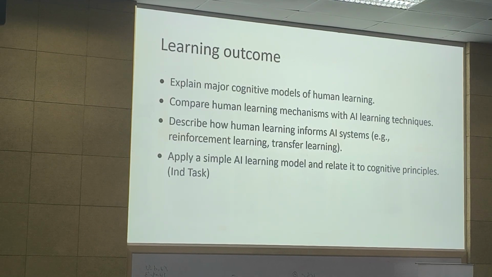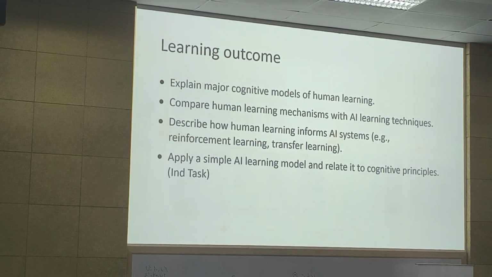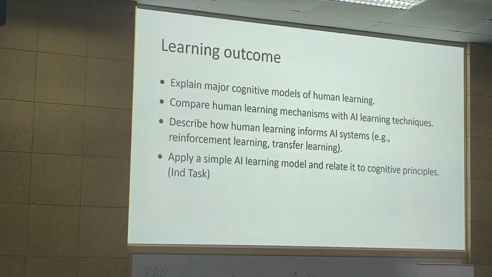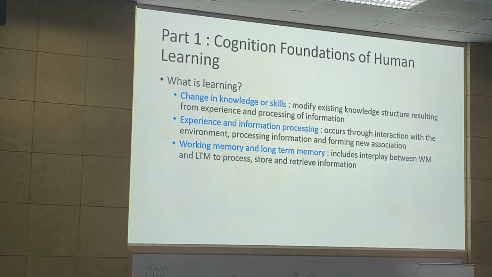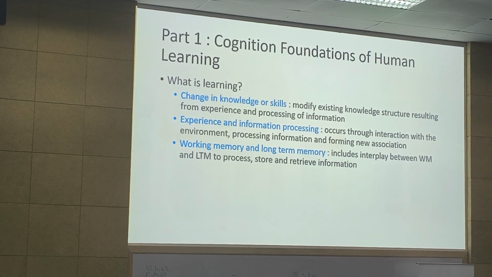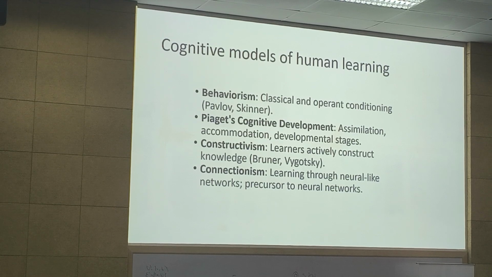First of all, we covered the human aspect of learning before we look at how AI systems can borrow these principles to create more intelligent, automated systems. The first part is basically on cognition. What is learning? How do we learn? What makes for successful learning?